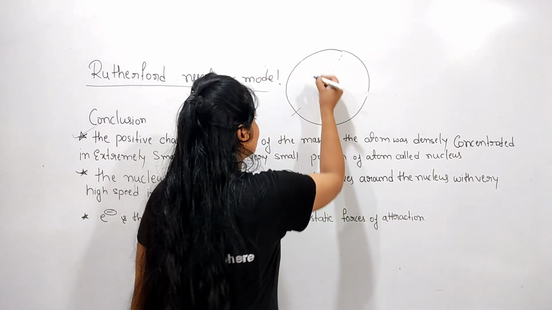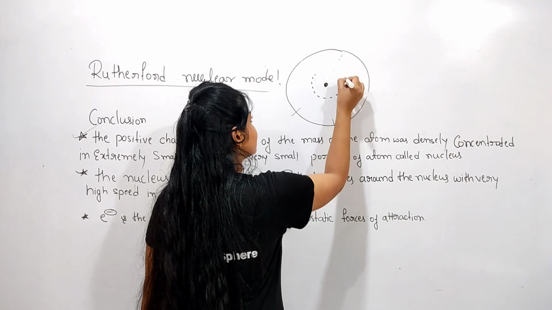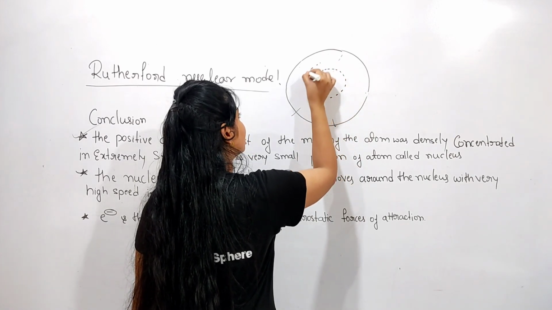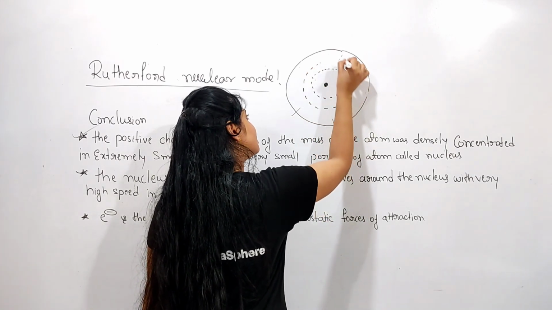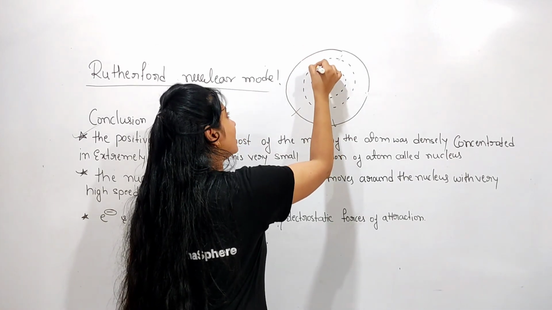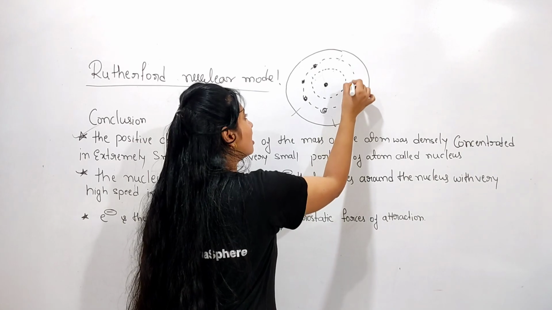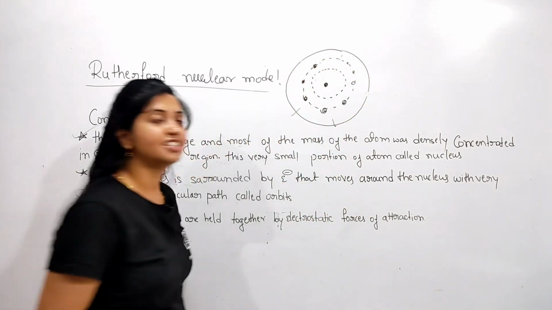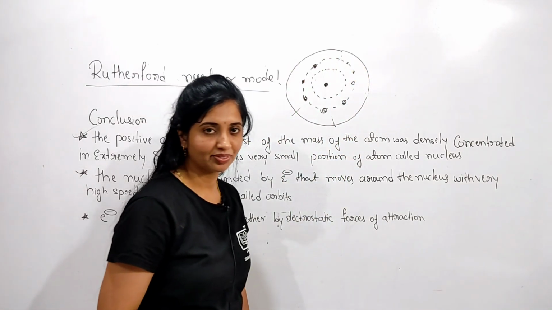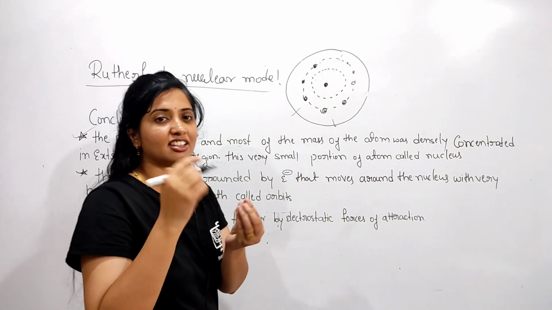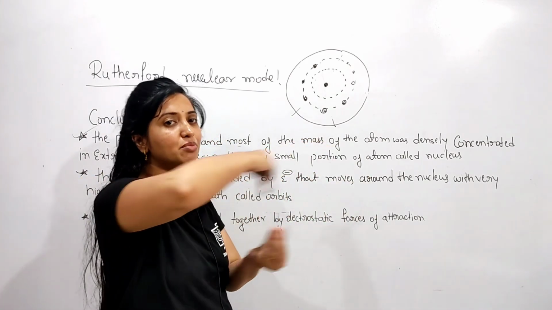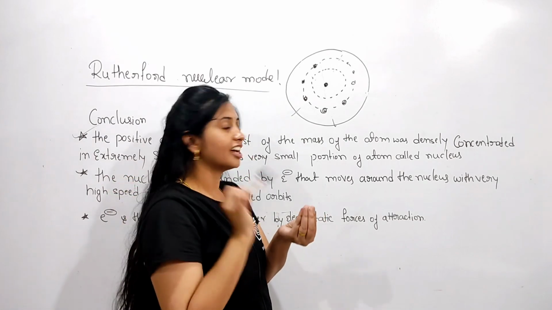Let us see here, these are the circular paths. In these circular paths, the electrons move around the nucleus at high speed. Just imagine our solar system. Our earth moves around the sun.